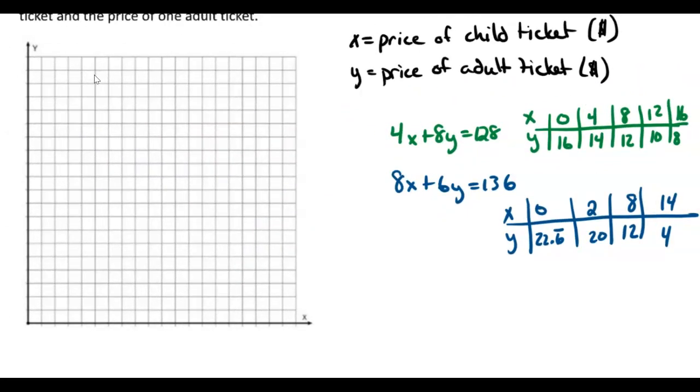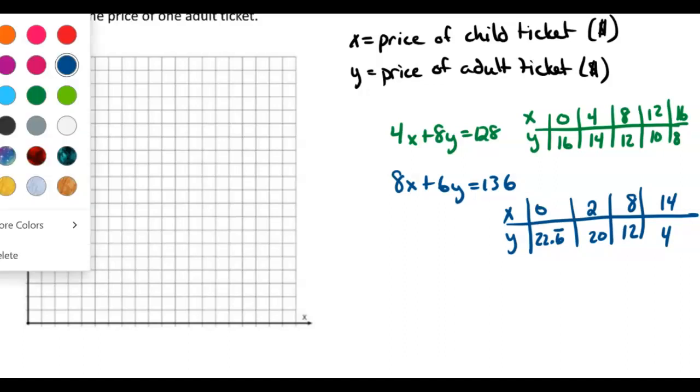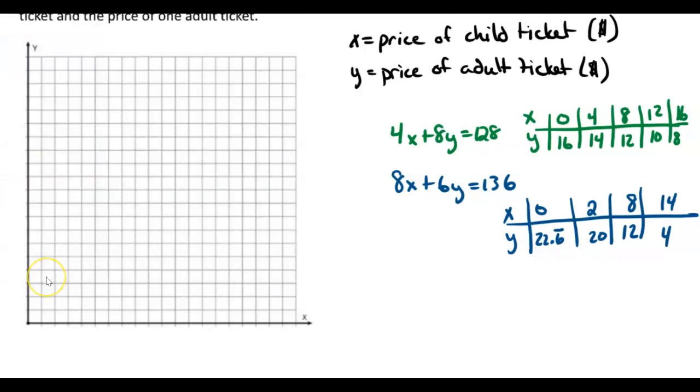Okay, so on the x-axis, my x's went all the way up to 16, maybe even a little farther. So remember, since this graph paper is 20, you can go by ones down here. 4, 5, 6, 7, 8, 9, 10, 11, 12, 13, 14, 15. Okay, and then on the y-axis, I need to go all the way up to 22.